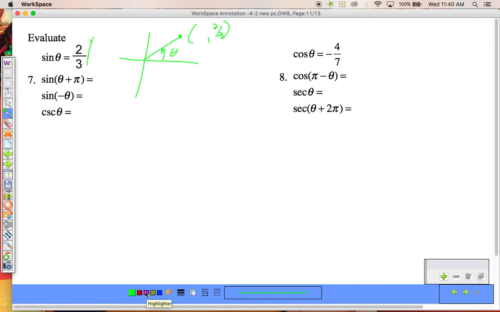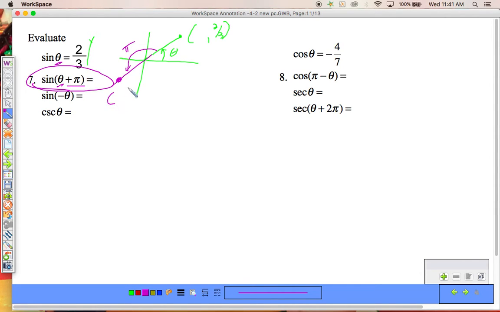All right, so now I want to know what the sine of theta plus pi is. Theta plus pi is, I'm going to take this angle theta and add pi to it. It's going to put me down here in the third quadrant because I took my theta and I added pi, which is a half rotation.